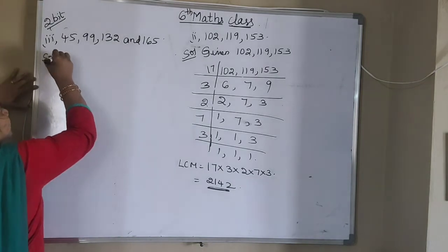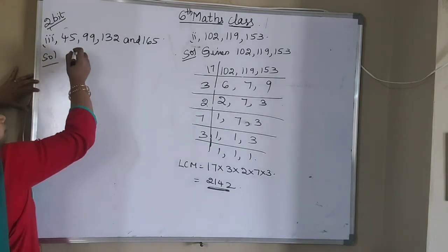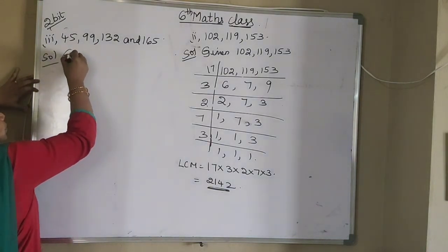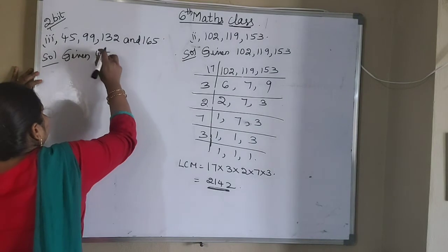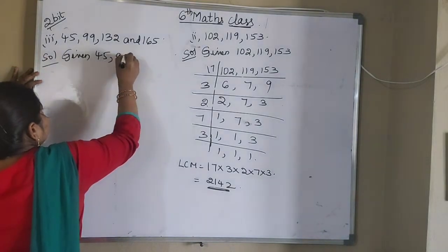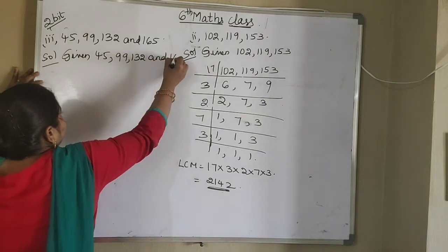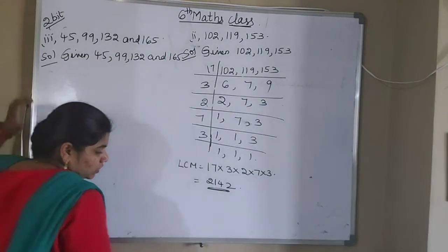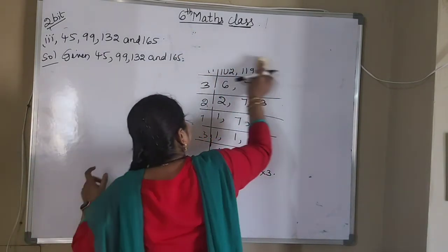So we have to find the LCM of four numbers now. Four different numbers. So what are the given numbers? 45, 99, 132 and 165. So we have to find the LCM by using the division method here.